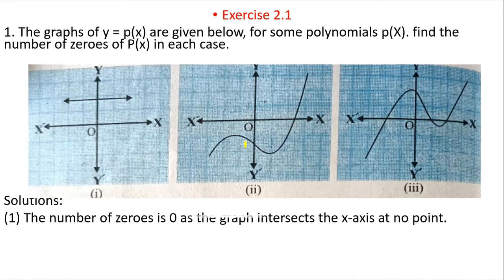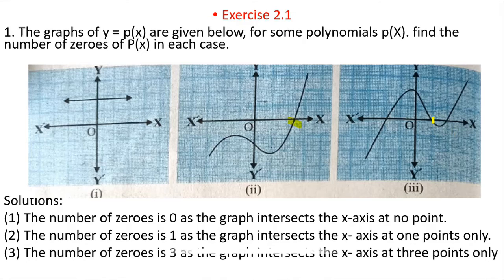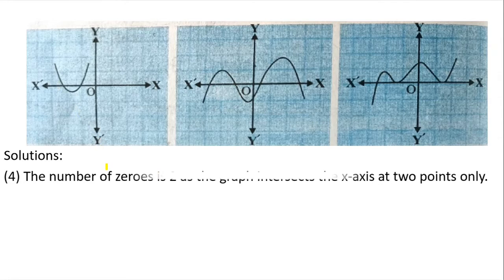Okay. Now for second graph, here the graph intersects x-axis at only 1 point, hence here the number of zeros is 1. And in third graph, the graph intersects the x-axis at 3 points, so number of zeros is equal to 3. Okay. Fourth problem. Here in the fourth graph, the graph intersects the x-axis at 2 distinct points, and the number of zeros is 2 for the graph 4.